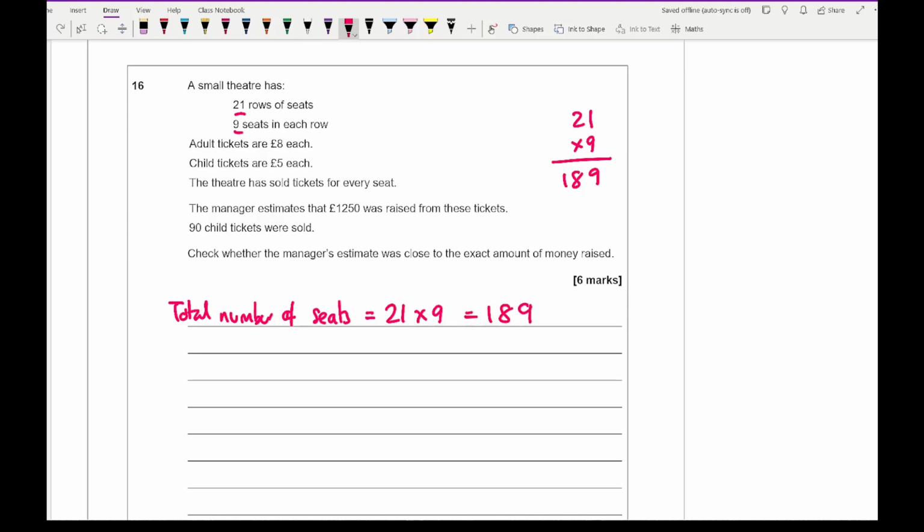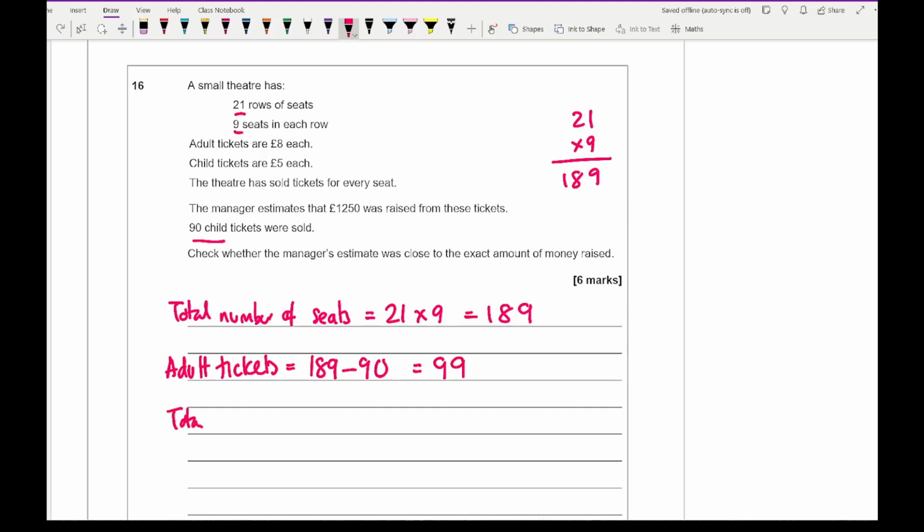Now from this, we need to work out how many adult tickets there were. So adult tickets, how do I work that out? Well, that's going to be 189 minus 90, because there's 90 children tickets, and that gives me an answer of 99.